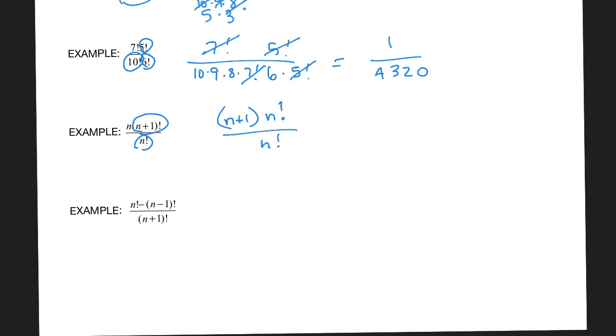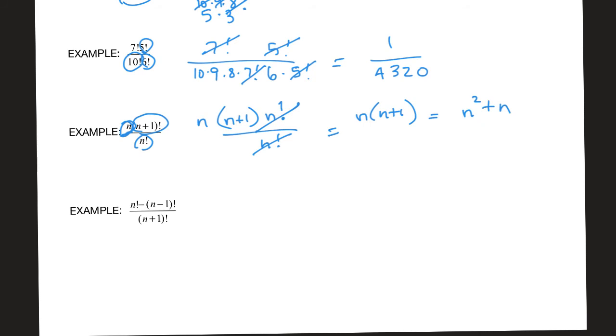Here's my denominator, and don't forget to bring over this little guy. It doesn't have a factorial on it, but it's still up there. Now this cancels with this, and my answer can either be n times n plus 1, or if you want to distribute, n squared plus n.